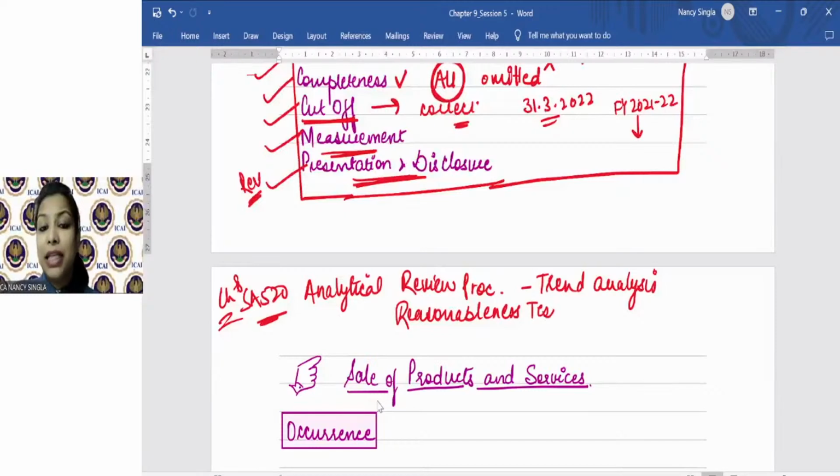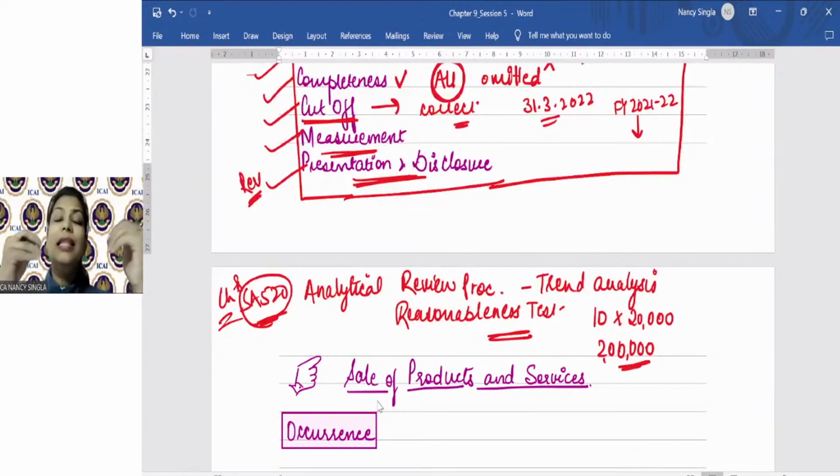What is reasonableness test? So again, your understanding of chapter number 8, SA 520. So let's say if the selling price is ₹10 of a chocolate, and during the year 20,000 chocolates have been sold. So auditor, if he finds that the revenue is somewhere around 2 lakh, then this is reasonable, fair enough. So this is what? Reasonableness test.